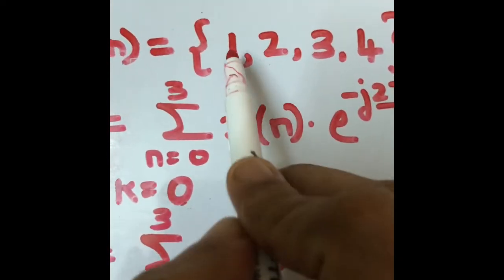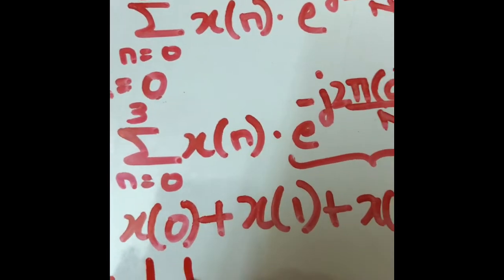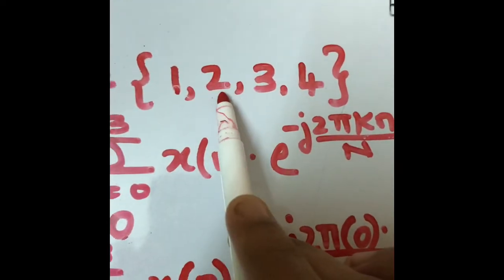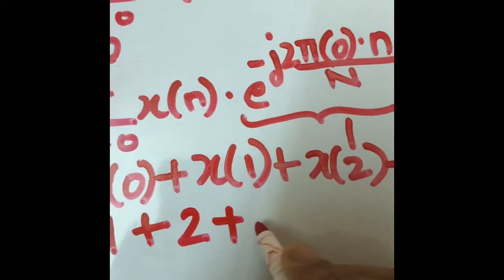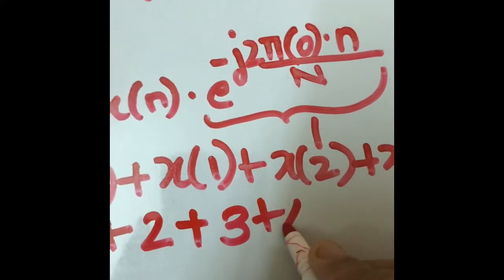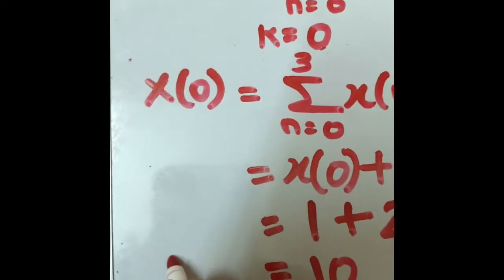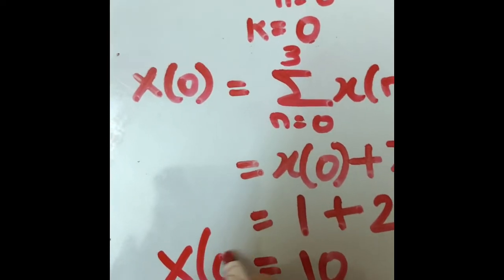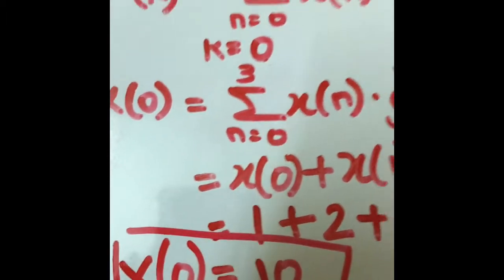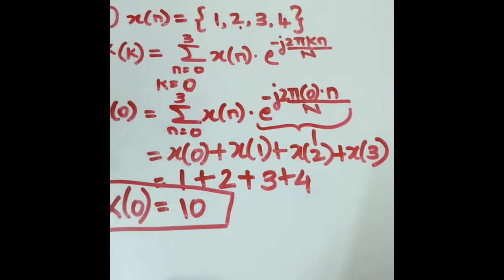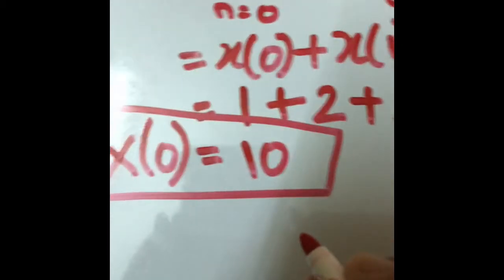Here x of 0 is 1. What is x of 1? It is equal to 2, plus 3 plus 4. So the first sample of the frequency domain signal is 10. Clear?